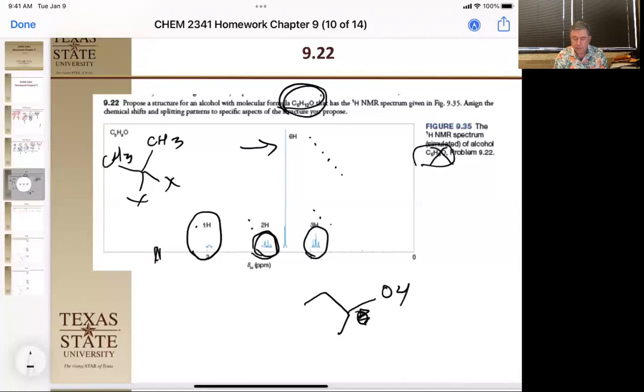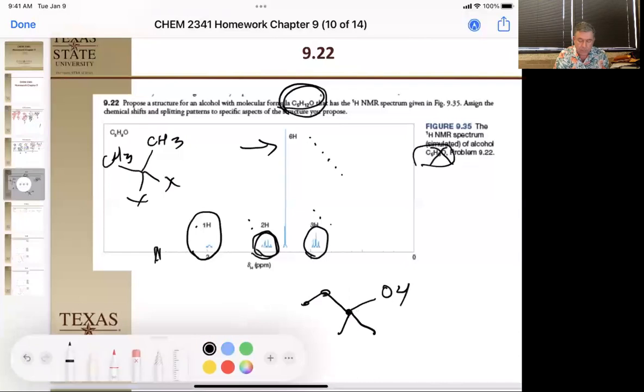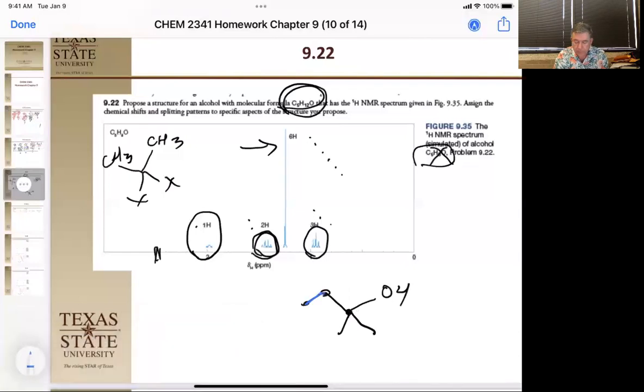Let's see. And then, so we have 1, 2, 3 carbons. So we only have 2 more carbons. Okay, if we do a methyl group here and a methyl group there, that means there's no hydrogens on this bond. Okay, let's see. We have an ethyl group right here. So this is this one, and then this is this one.